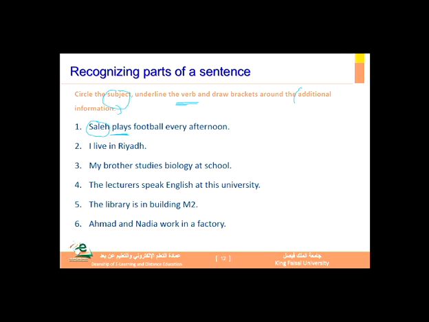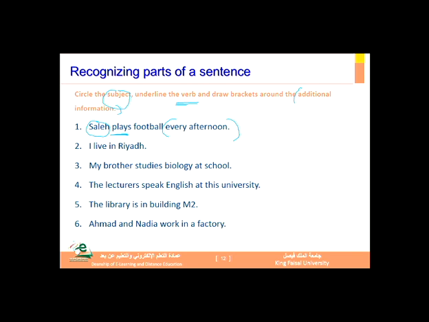He plays football. So it says circle the subject, underline the verb, and draw brackets around the additional information. Saleh plays football. More information about Saleh playing football: every afternoon. So this is extra information.